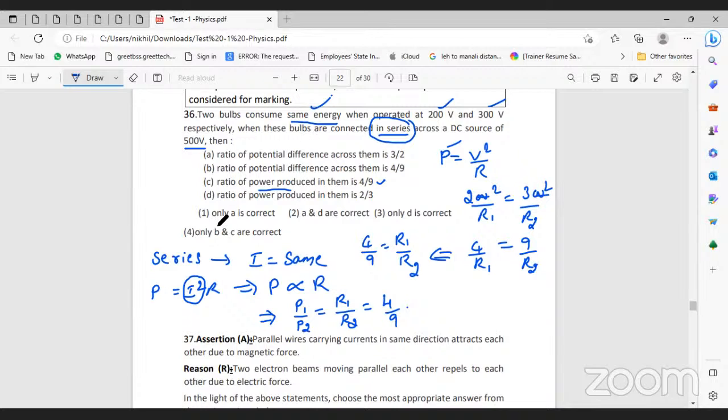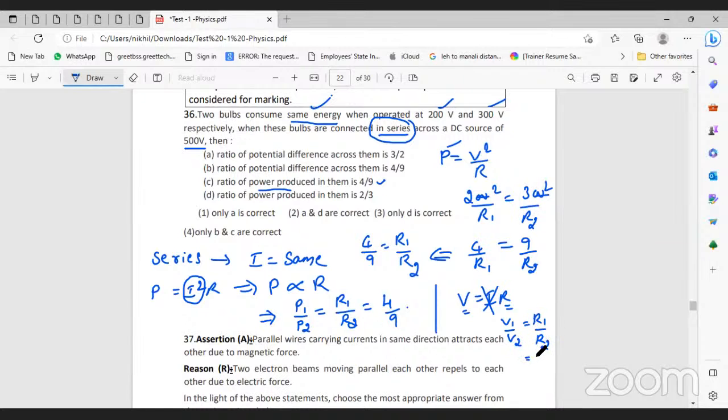Potential difference. Since in series, current remains the same, you know that V is equal to IR. So V is directly proportional to R. So you can tell V1 by V2 is nothing but R1 by R2.